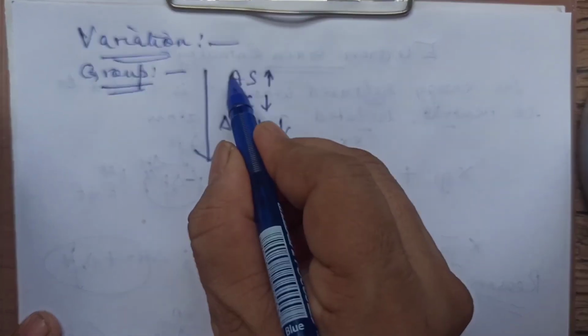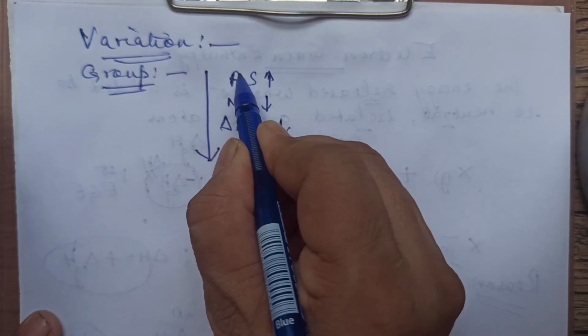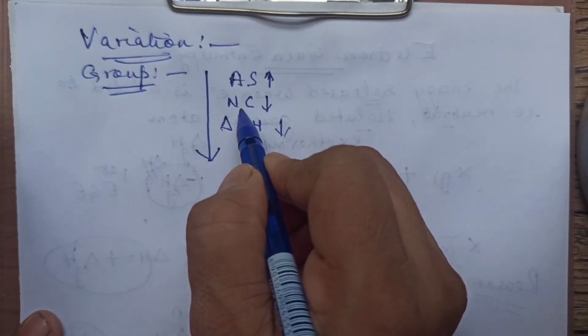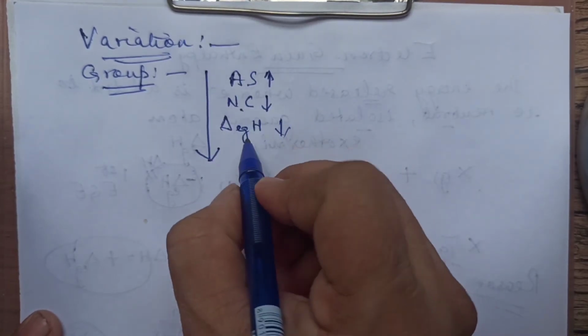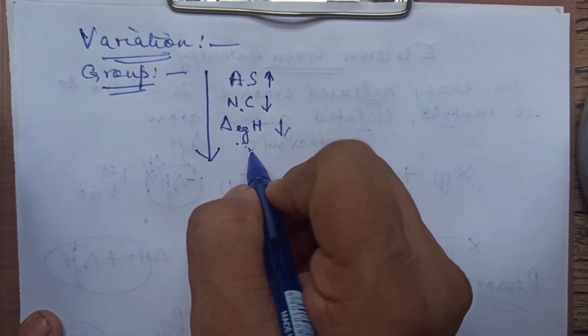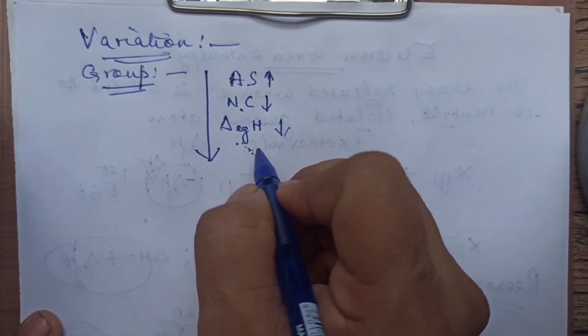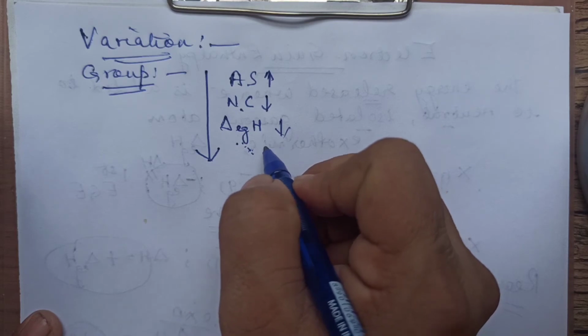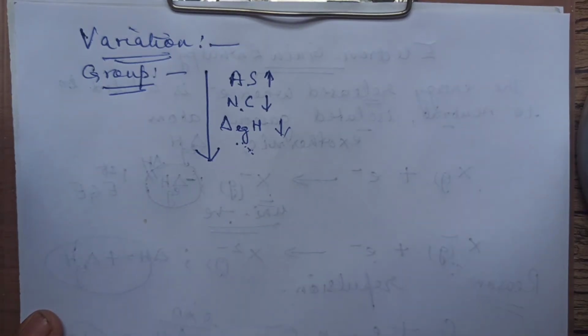Atomic radius is increasing, and when this is increasing, obviously the effect of the nuclear charge would be less, and so this also will be less. That means it is becoming less negative down the group. Right? If it is more negative, we say the electron gain enthalpy is high. Got it? But you will have some exceptional cases. We will talk about the exceptional cases separately. As of now, we are taking only the group.